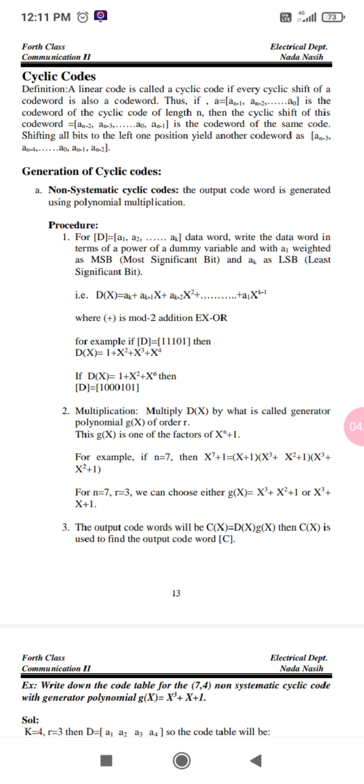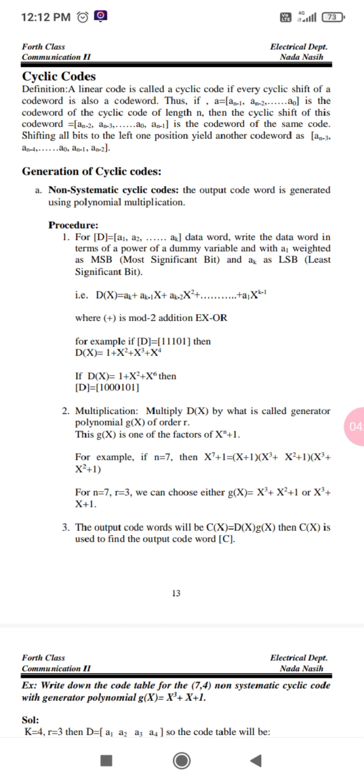Clear? That is d(x) = ak + ak-1 x + ak-2 x^2 + ... + a1 x^(k-1), where plus is modulo 2 addition, XOR.